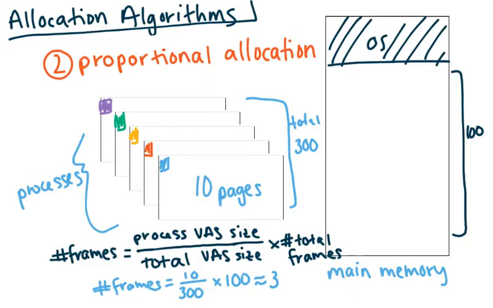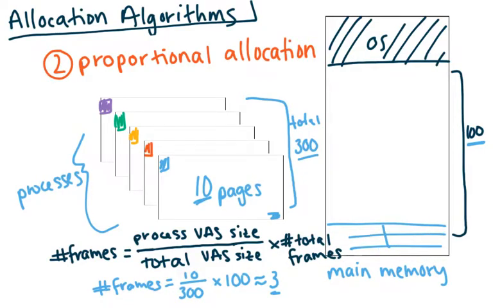So for instance here, if the total is 300, so that's my total virtual address space, this process only needs 10 pages, and I'm going to just do it based on pages instead of kilobytes or anything like that. Then I'm going to multiply that by the total frames I have, and I'll get about 3. So this process in blue here, its portion will just be 3 frames in memory.